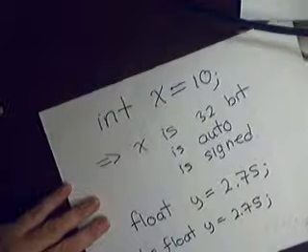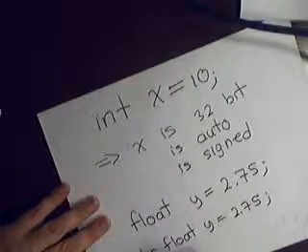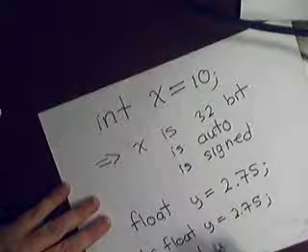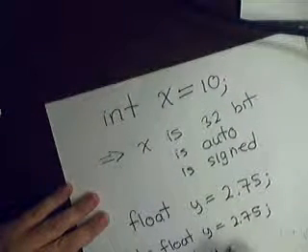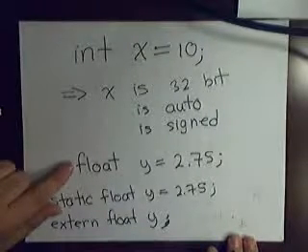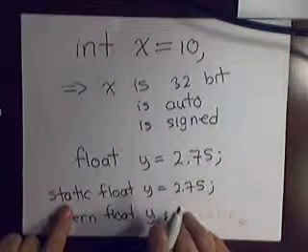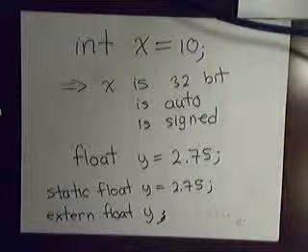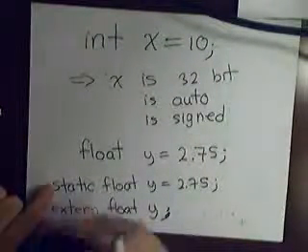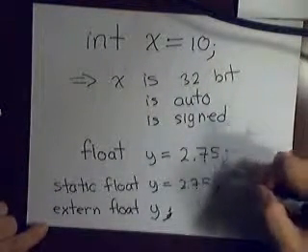Now, if I was going to use extern float y, in this specific case, you cannot initialize. So let me go back. Float is a regular real number. I could use a static float to say that this variable has to be created before execution starts. And in these two cases, I'm initializing.